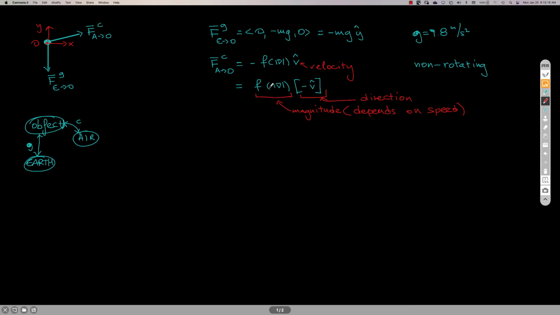Now, the magnitude of the contact force with the air is something that you will see in physics papers. You will often see the way that this can be derived. The experiment is done, and we keep track of the motion of the projectile, and we analyze it, let's say with video recording and software, and then we get the data and we do a fit, and we determine the function that best describes the experimental results.